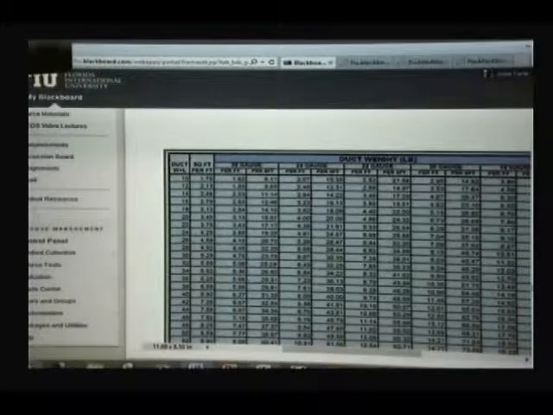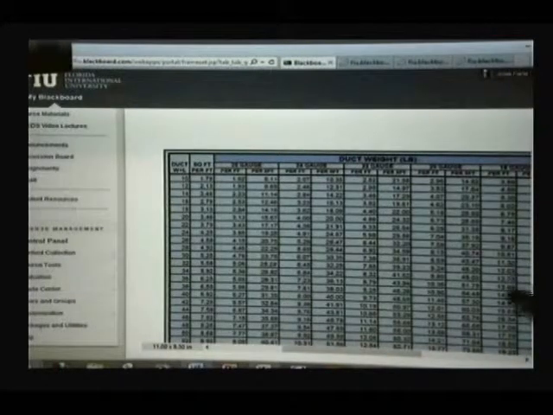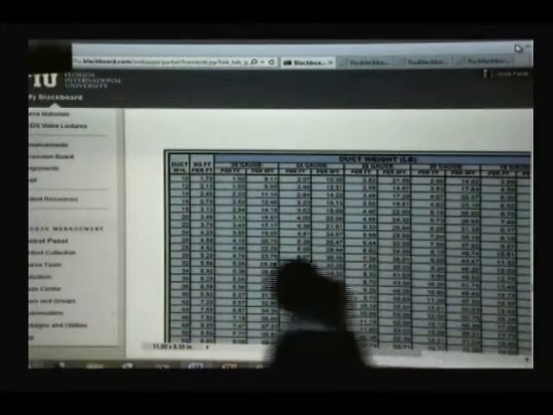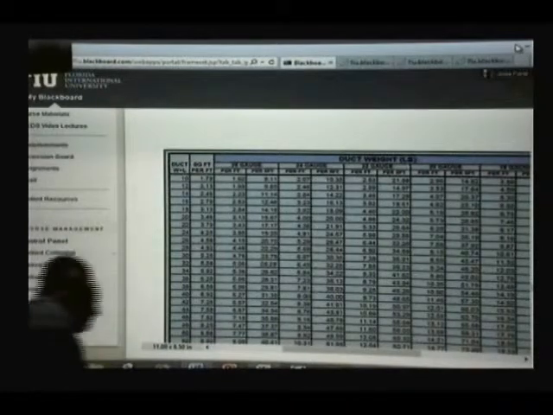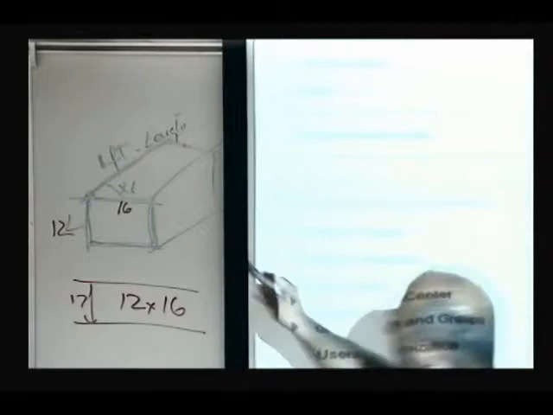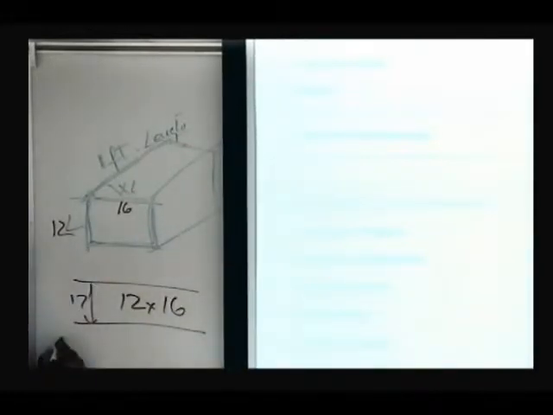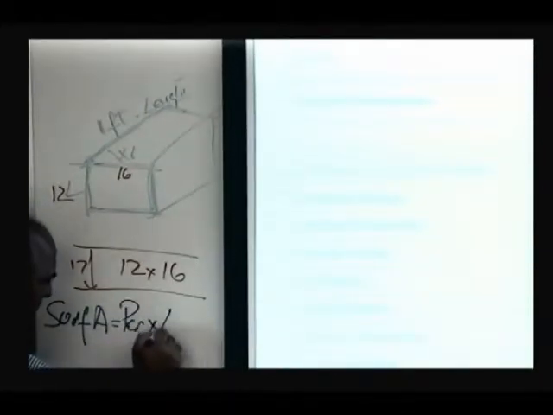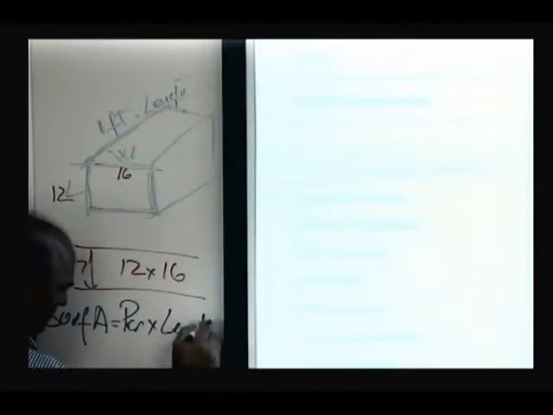Now, there are other ways to get to the same value. We know that the surface area is the multiplication of the perimeter times the length, right?